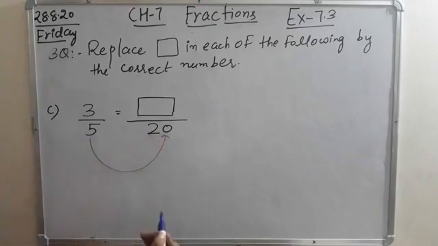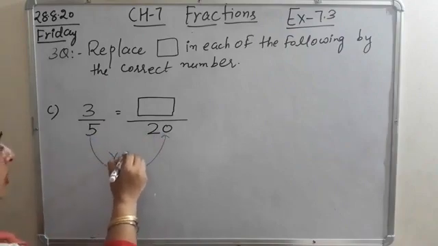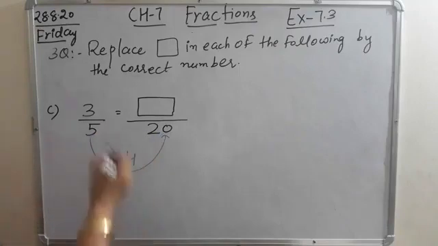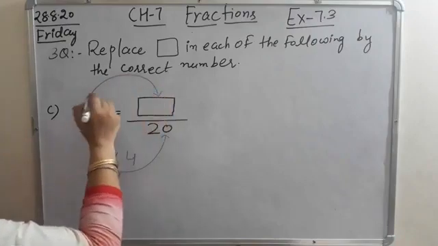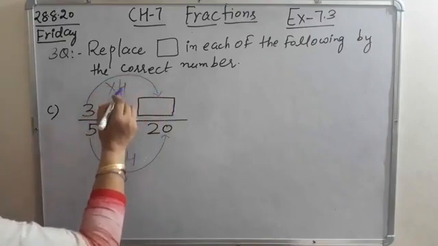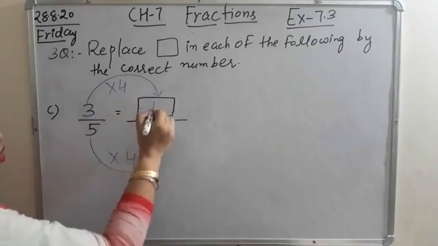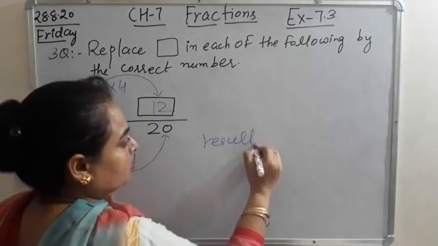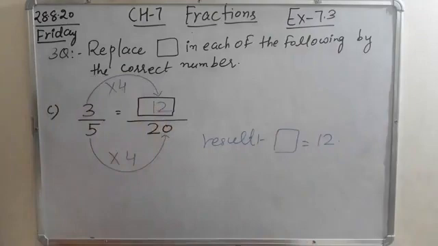How? Multiplication with 4, 5 fours are 20. So in the same way, we will multiply 4 with 3, and 4 with 3 multiplication will give you 12. So the result: box is equal to 12 here.